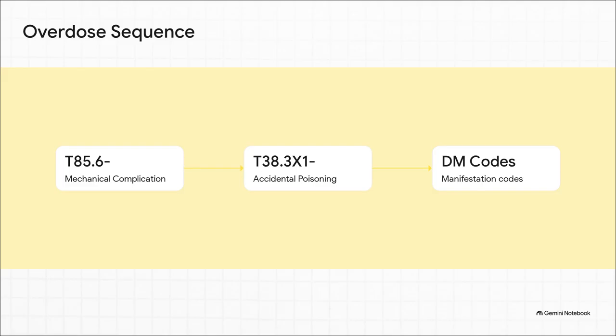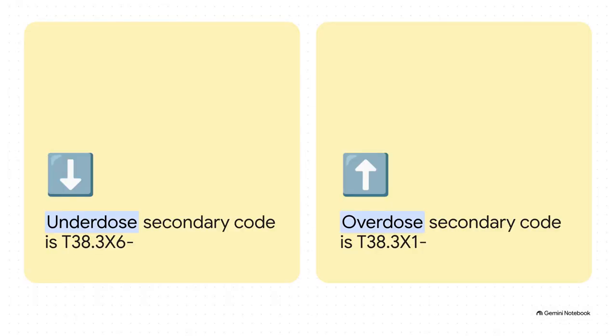And then Step 3 rounds it all out again with your diabetes manifestation codes. When you look at them side by side, it's super clear how that T85.6- root cause really anchors both scenarios. It's just the secondary code where the path diverges, T38.3X6 for an underdose, and T38.3X1 for an overdose. Like we said, the machine breaks first, then the dosing goes wrong.